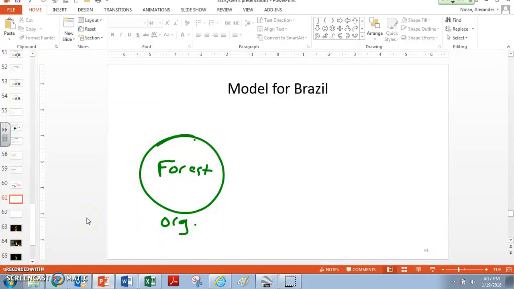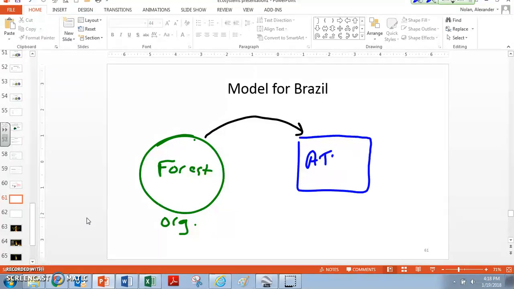So if we jump over here, when we think about this, if you're burning it, what that means is that your carbon is leaving the forest and showing up in the atmosphere. Right? ATM, short for atmosphere. So we have our carbon, our CO2, because we're burning our forest. We have carbon dioxide leaving the forest and showing up in the atmosphere. Now, granted, there is still forest around, right?